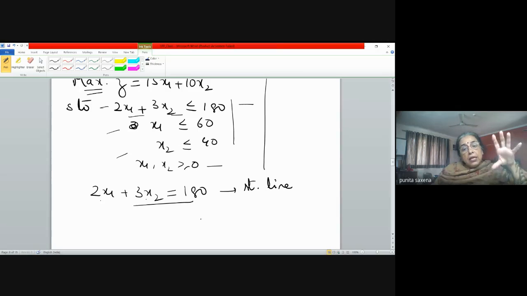ठीक है? Now, if I look at values x1 and x2 such that 2x1 plus 3x2 equal to 180. अब ऐसे तो बहुत सारी values आ जाएंगी. I can have infinitely many options for x1 and x2 which satisfy this relation. हाँ या ना? ठीक है ना? Because this is a straight line.